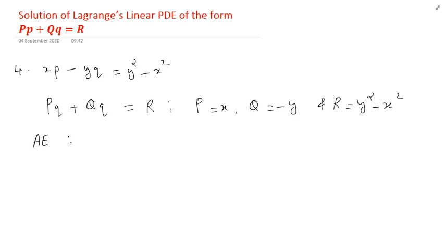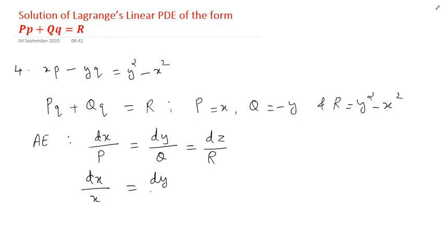So auxiliary equations are of the form dx by P is equal to dy by Q is equal to dz by R. So in this case, dx by x is equal to dy by minus y is equal to dz by y square minus x square.